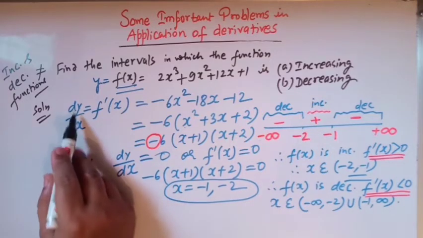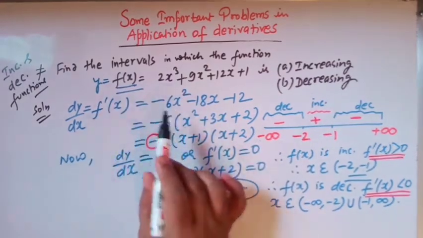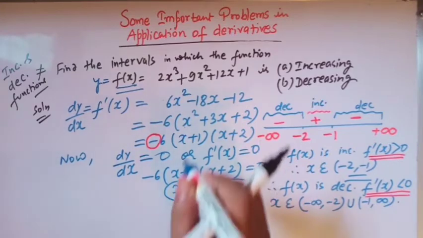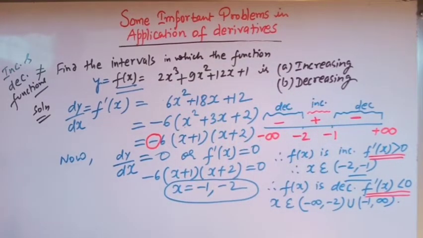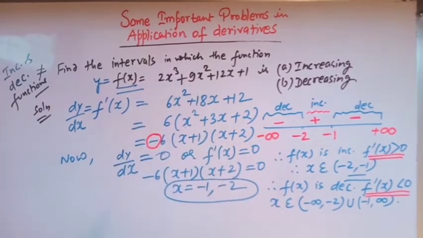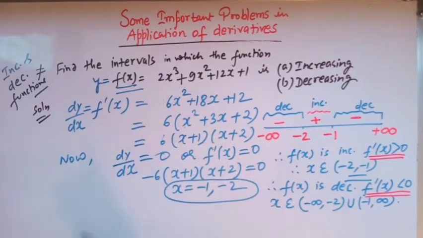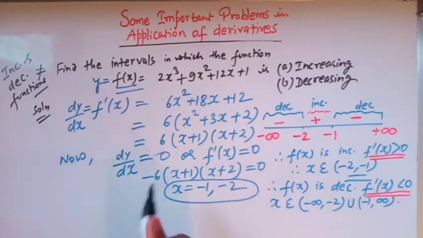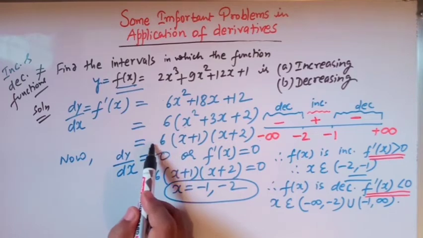So what we will do, we'll find the derivative. So when we'll find the derivative, we'll not have this sign, then we have here positive sign, here also we have positive sign, right? Now if we take 6 common, then we'll not have this negative sign. So here, in the previous question we had a negative sign, now we'll have the positive sign.